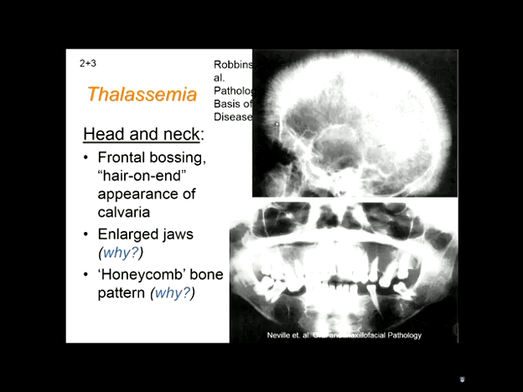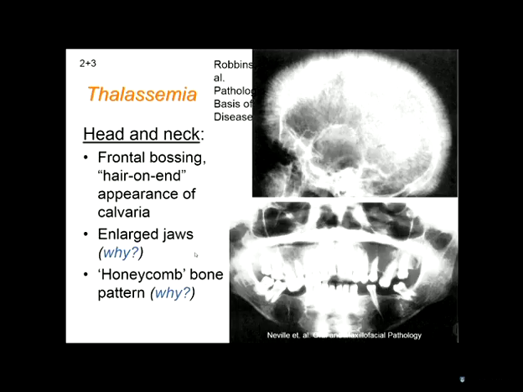And you can see that instead of a smooth cortex, they have this spiky appearance. So this has been called hair on end or crew cut type appearance, okay, because of this very spiky appearance. And this is very characteristic of both thalassemia and, to a lesser degree, of sickle cell anemia because they have rather similar underlying mechanisms.